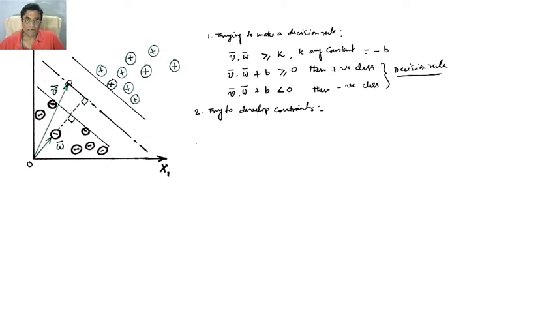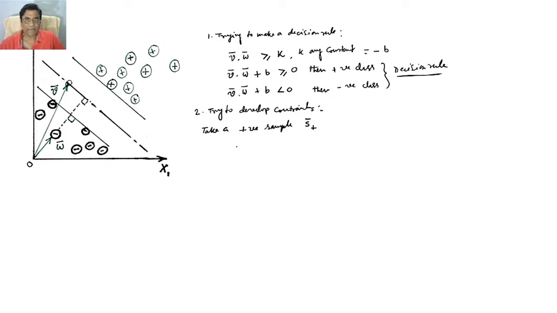For example, take a positive sample. Everything is a vector, that's why I'm putting the vector sign on this positive sample.